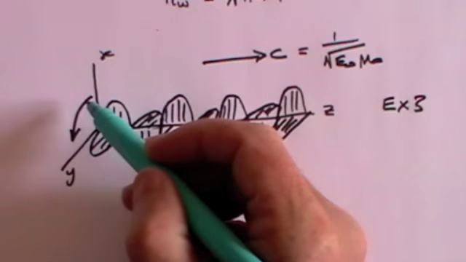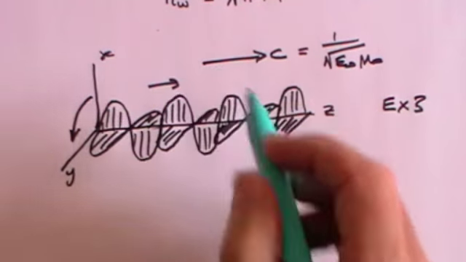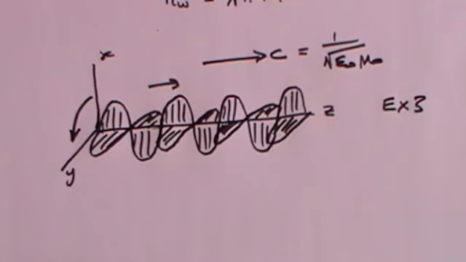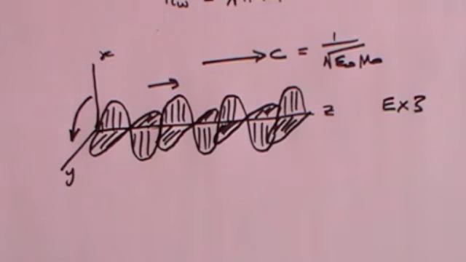Of course, if the corkscrew is being twisted from x to y, it will move in that direction. So E cross B, or twisting the x to the y coordinates, tells you which way the corkscrew will move, and hence which way the wave will move.